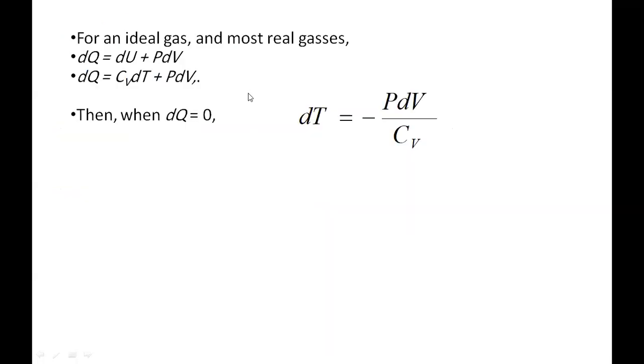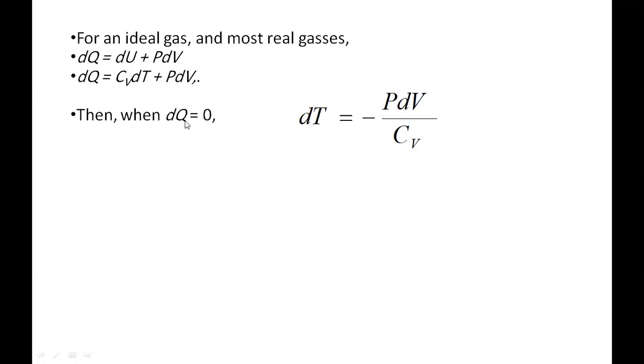So for an ideal gas and most real gases, dq equals dU plus PdV, and according to the specific heat at constant volume, dq equals Cv dT plus PdV.